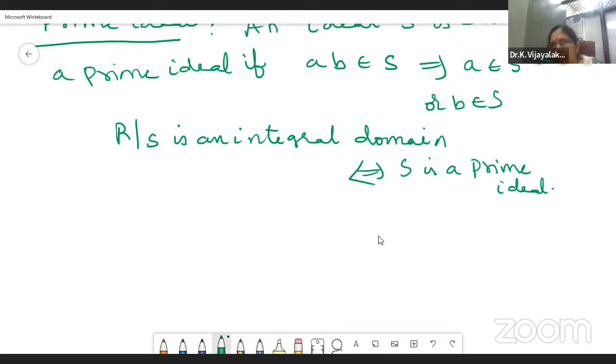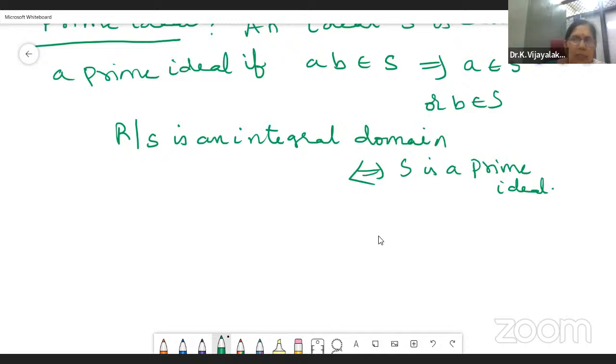In addition to this, if it satisfies the commutative property, this is a commutative ring. If it contains a multiplicative identity, it is a ring with unity. So a commutative ring with unity, all these definitions, you have to revise daily. Otherwise, we cannot prove theorems from commutative algebra.